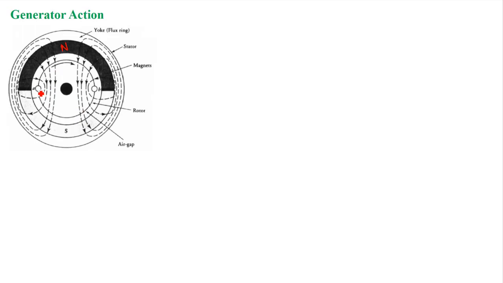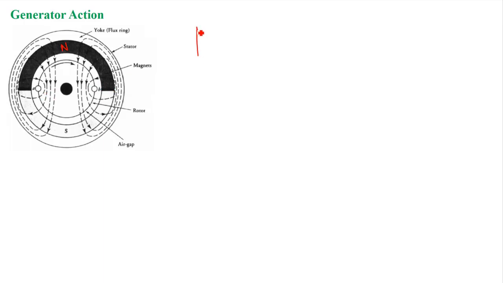The coil has two terminals A and B, or we can say two conductors A and B. Because here it is a cross section, we only see the cross section of the conductors, the rotor, and the stator. So here we are seeing the cross section of the conductor, where these are the two sides of the coil, right?